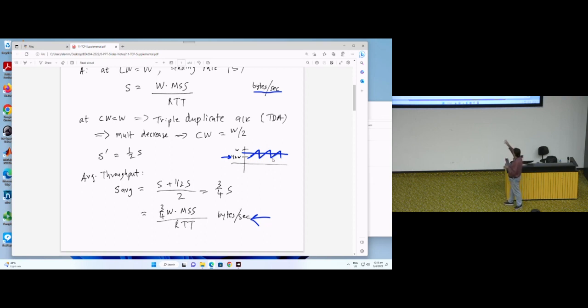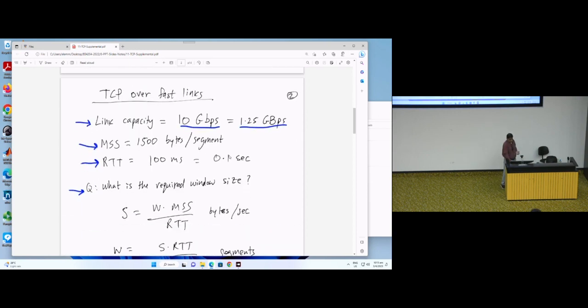All right, so this is essentially our model for the performance, meaning the throughput of TCP. And we can use this. This is just an example. I call it TCP over fast links, right?